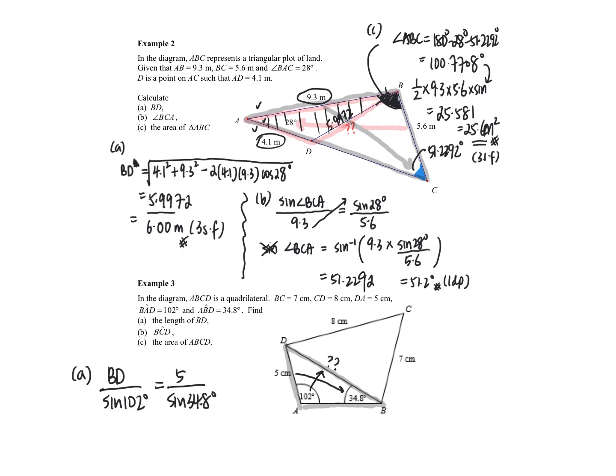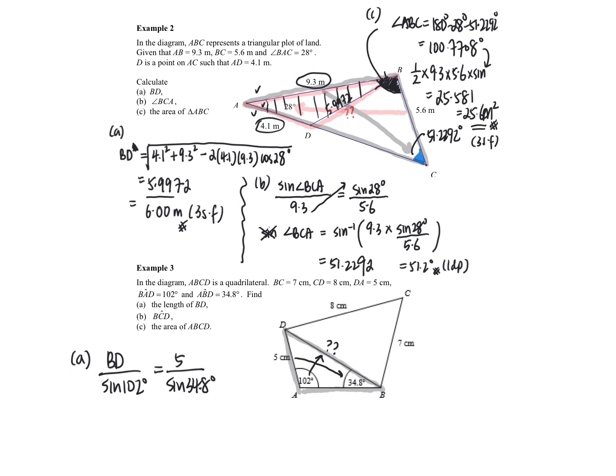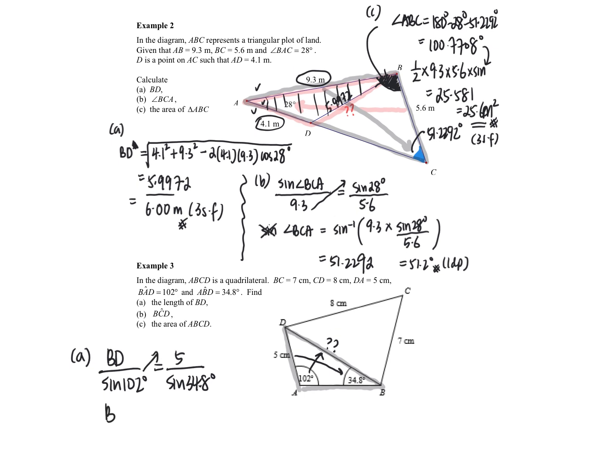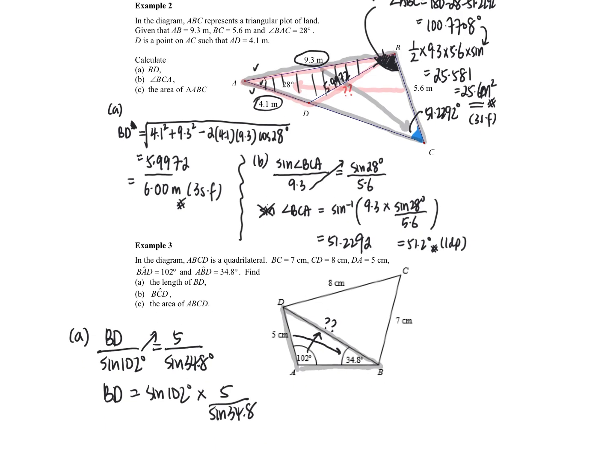So the idea is to look at your given and decide sine rule or cosine rule. So cross multiply, BD is sine 102 times this. So 8.5695, to 3 significant figures 8.57.